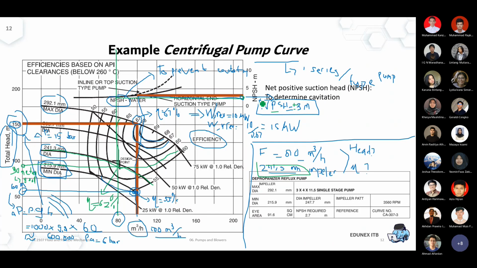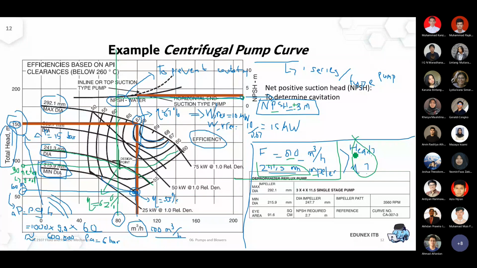So it can be used in a lot of different ways. Okay, the last thing that I ask you is not really about design, because I give you the selected impeller, and then I give you your capacity, and then I ask you what would be the performance.